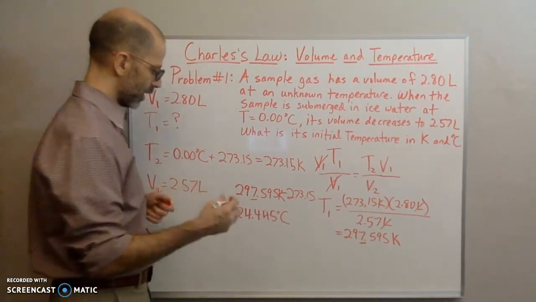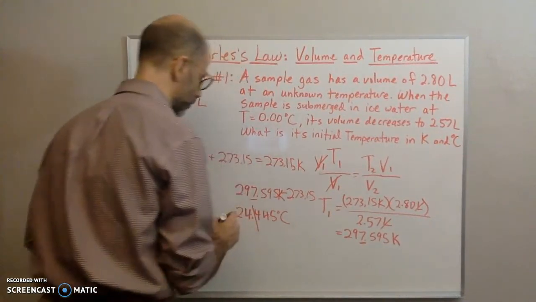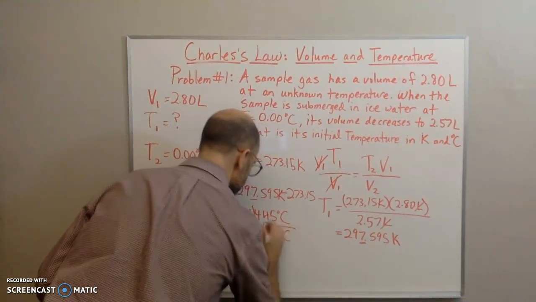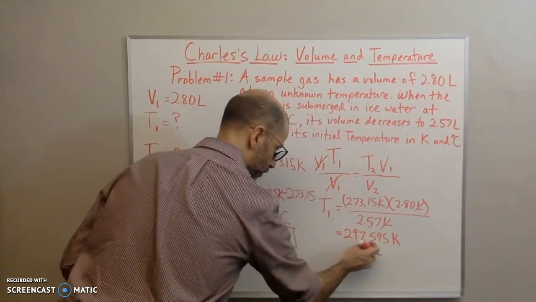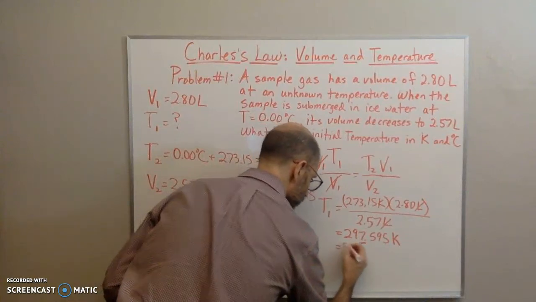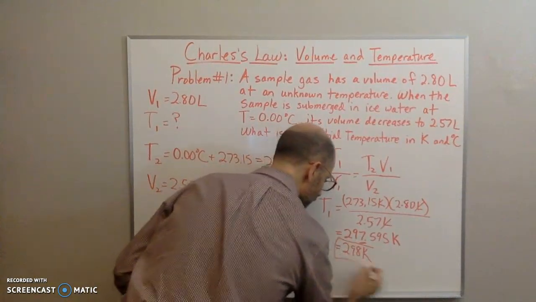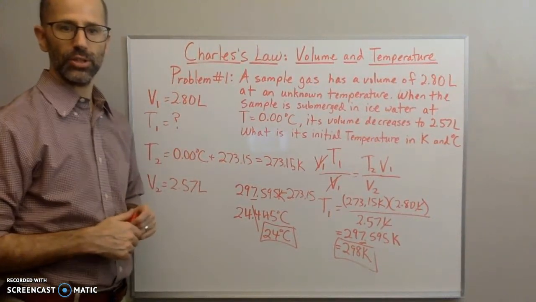So I'm not allowed any decimal places here. So my final answer is 24 degrees Celsius. And I need to round the 5, so that's going to be equal to 298 Kelvin. And so that's the answer. Those are the answers to this question.